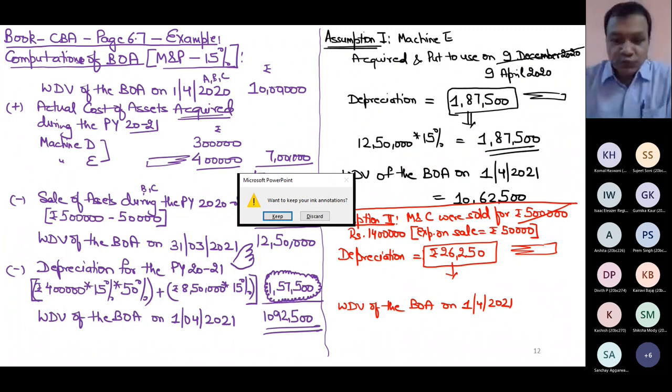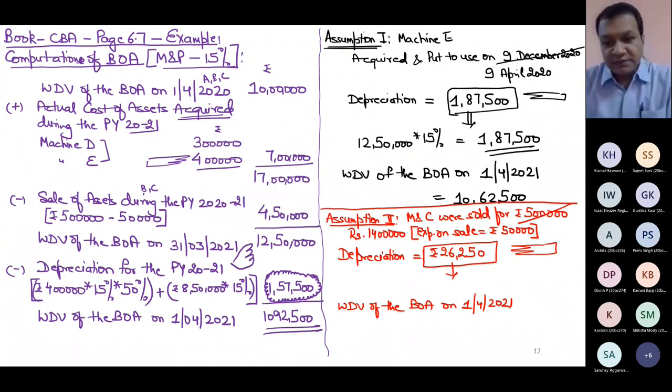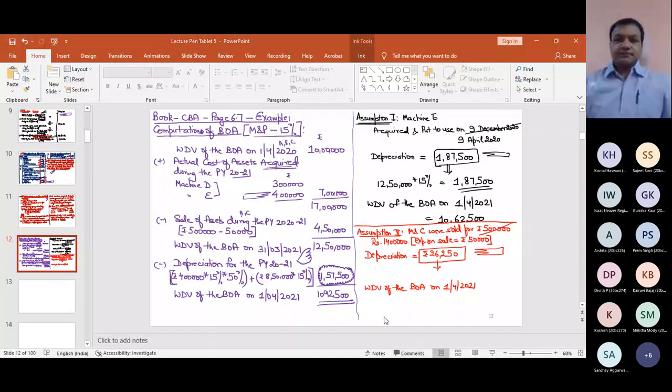Those who got 26,250, please raise your hands. In every assumption, the answer will change. Or I don't know whether answer will change or not, but concept will change. Hurry up, please. You must try it. Otherwise, if you don't try it right now, you might face some problem at your final level.